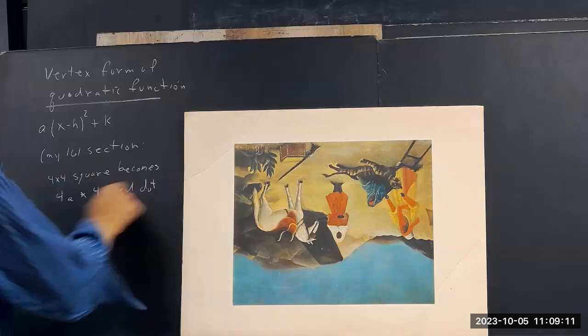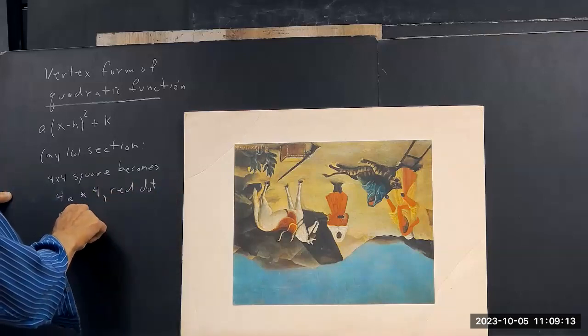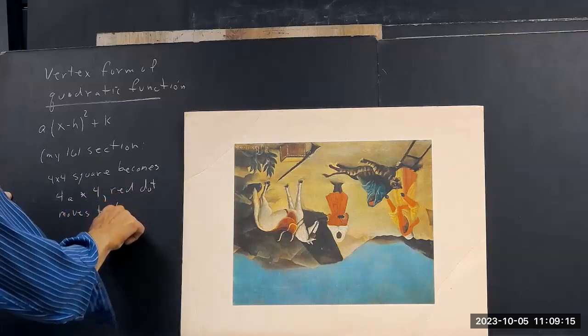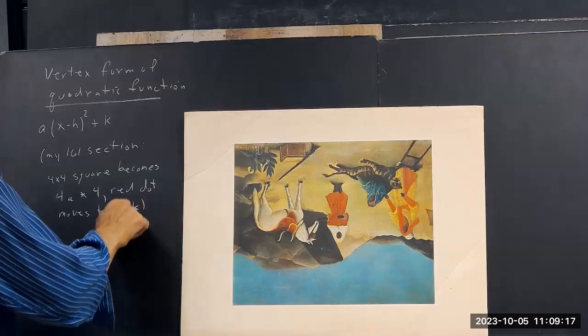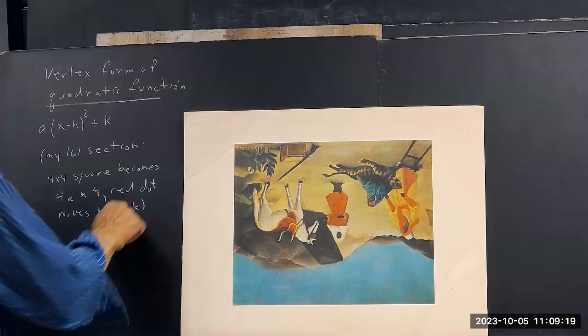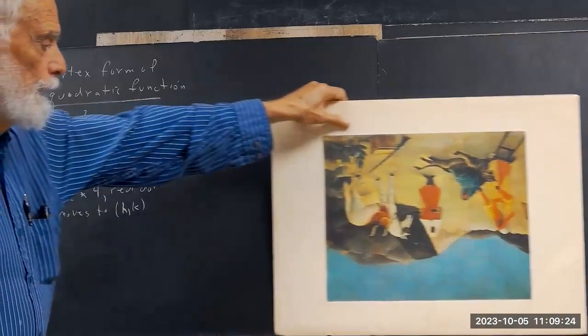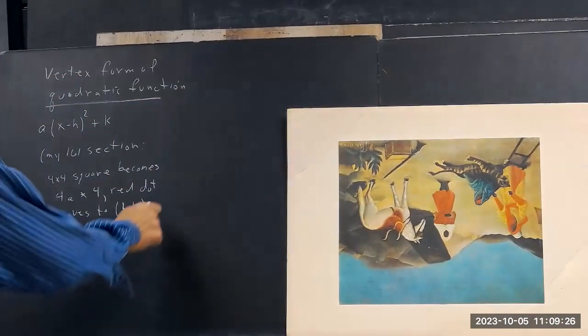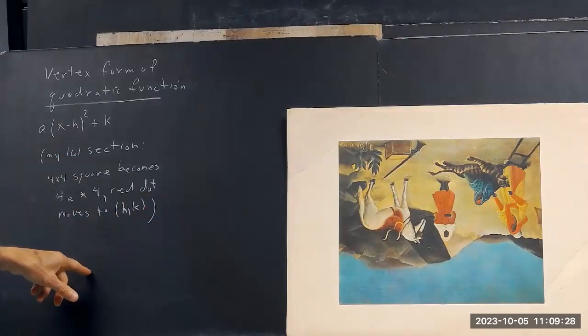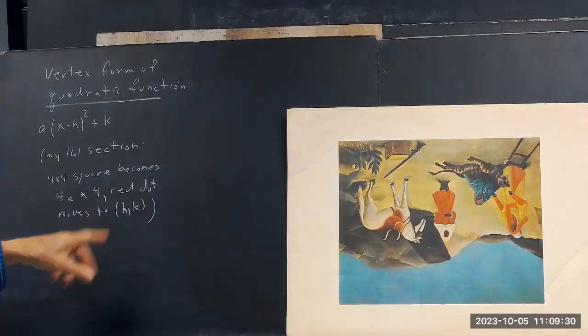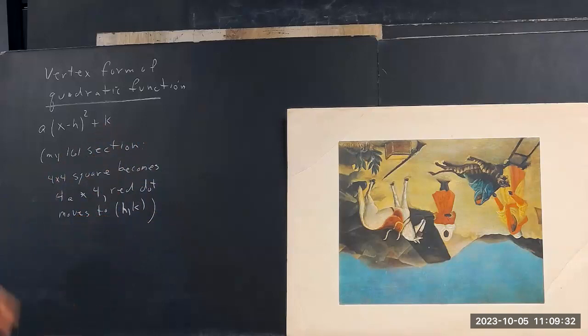And the red dot moves to point HK. So you've seen all that, if you're in my class. If you're not, I'm going to just draw a little picture of it.